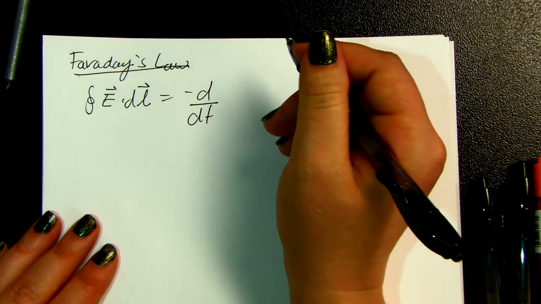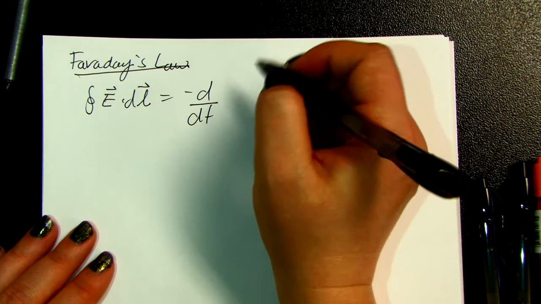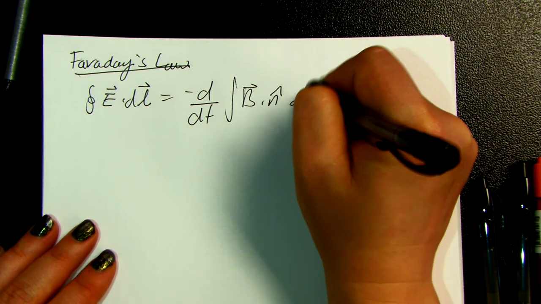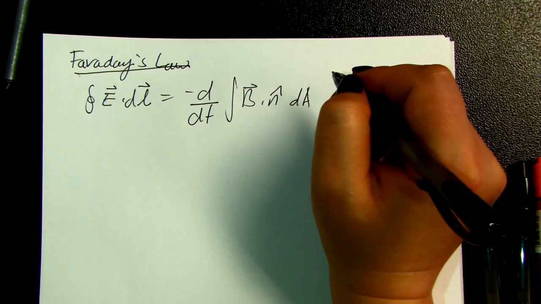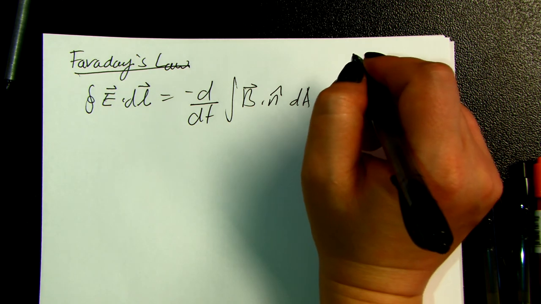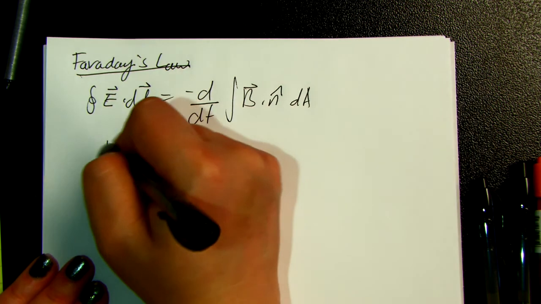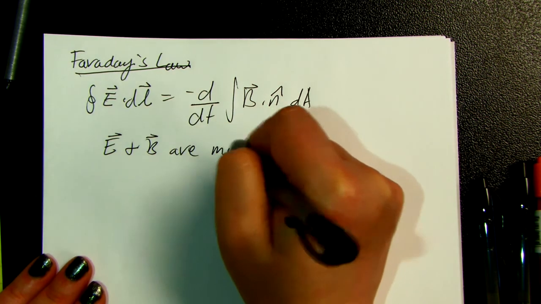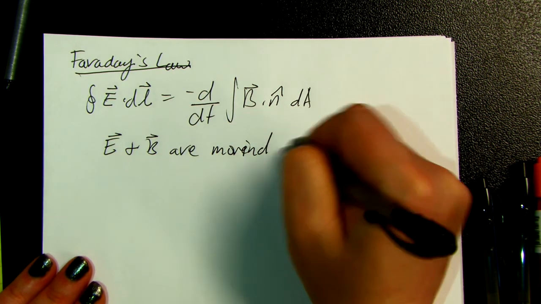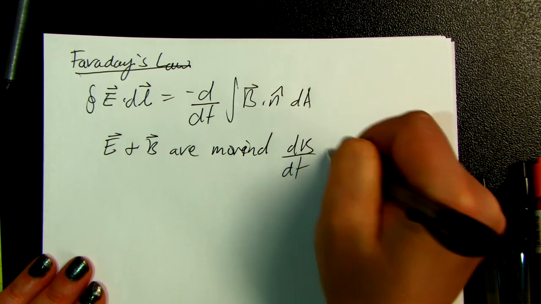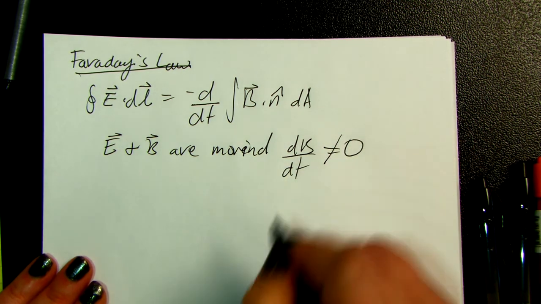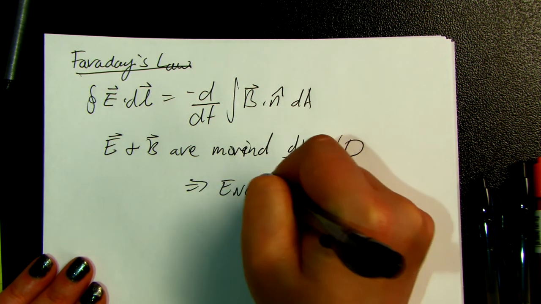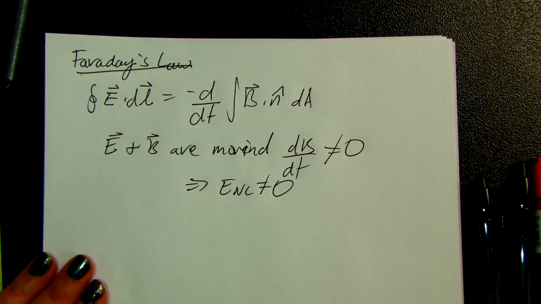So, E dot dl is equal to minus d dt, B dot n hat dA. So, E and B are moving. So dB dt is non-zero, which implies a non-zero curly electric field.